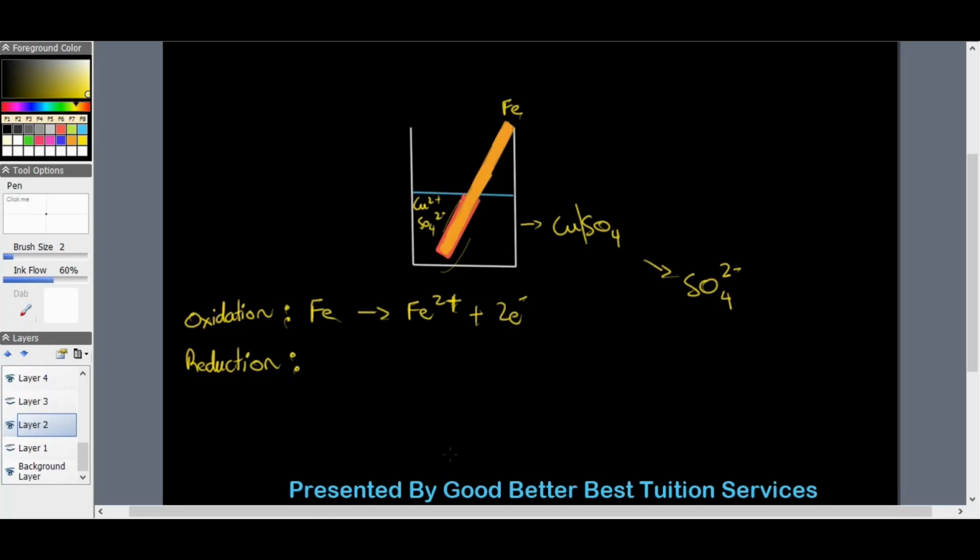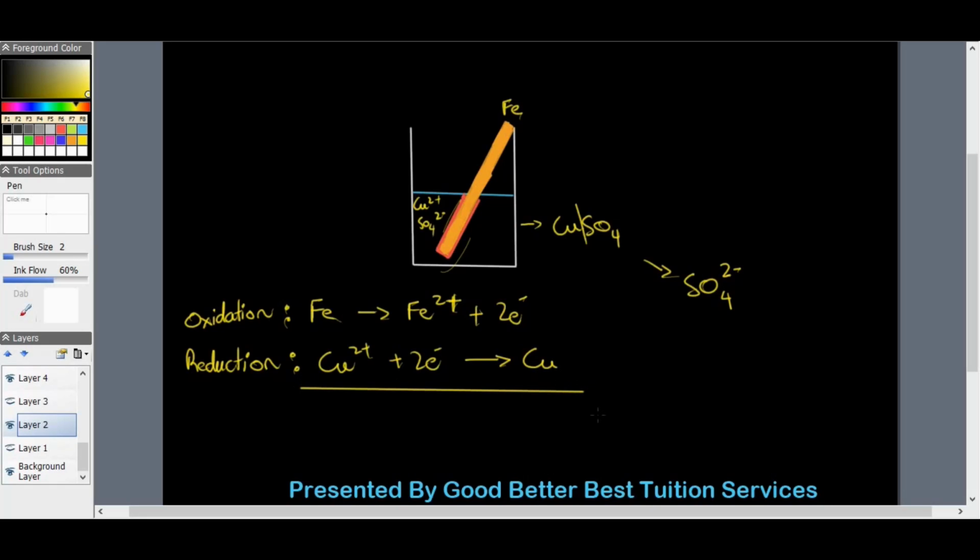So copper in the solution is being reduced to form its metal again. Our reduction: we had Cu2+ in the solution when it was bonded to SO4, and we end up with Cu2+ gaining electrons, and that is being reduced to just copper metal in this reaction.